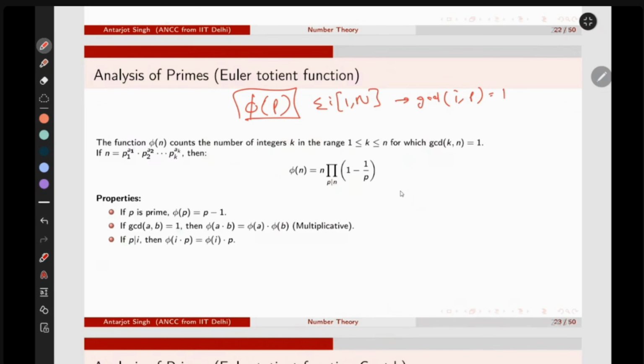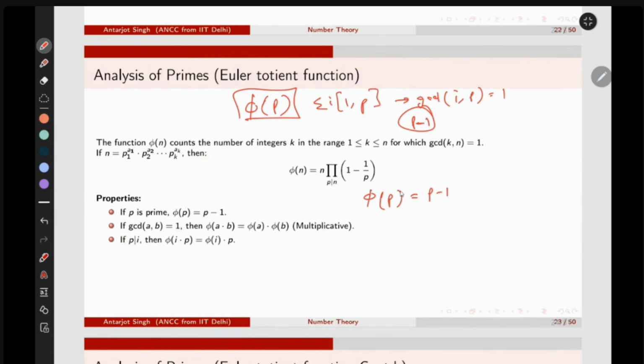Obviously, there are going to be p minus 1 numbers, as p divides p. This is the only number that is not co-prime with p. So phi of p is p minus 1.